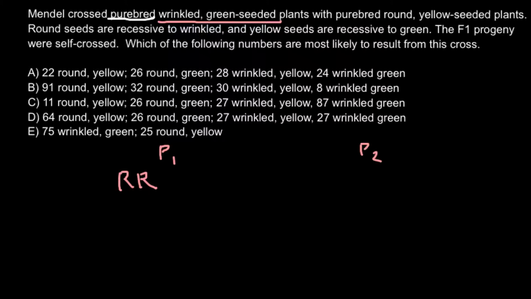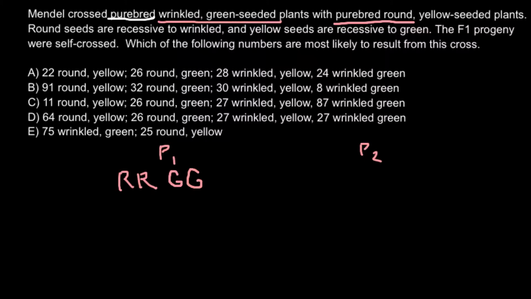So green color of the seeds would be dominant. Once again, because this is purebred, the genotype would be capital G, capital G. So this is the genotype of parent 1, and parent 2 is also purebred, and it is round.